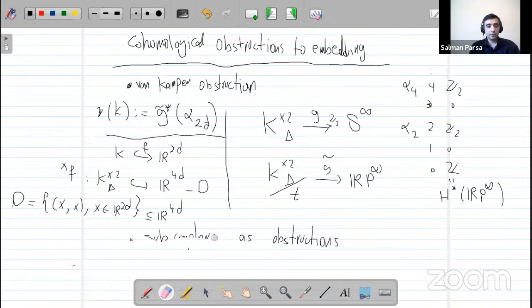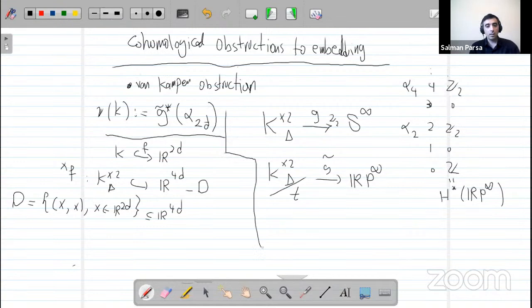So I need to erase this one here. Okay, now we know that this space again deformation retracts equivalently into S to the 2D minus 1.